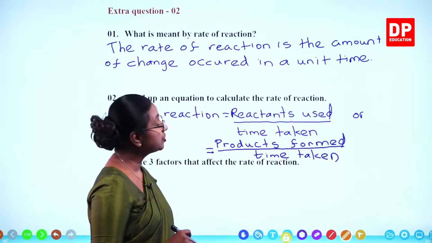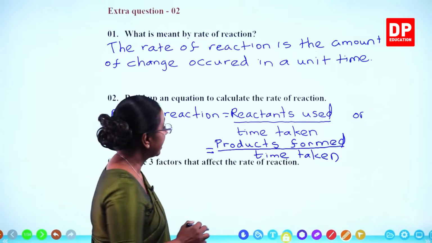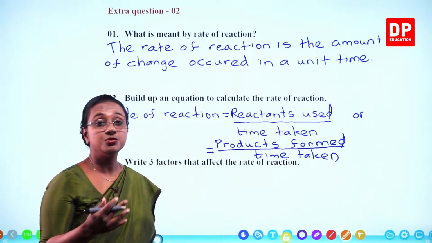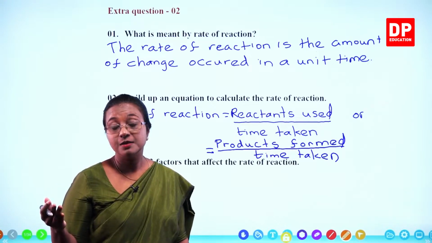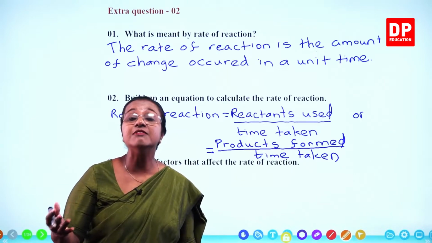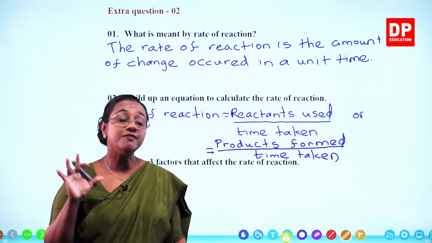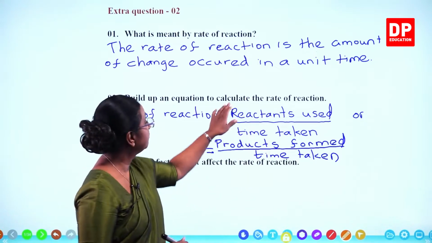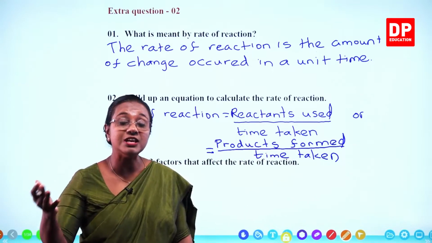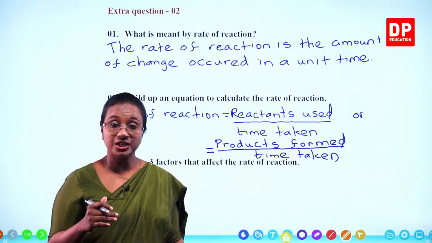So in this also you can remember students, we can either fix the time constant, amount of reactants used up in a fixed amount of time, or amount of products formed in a given time period. So there we keep the time constant, we measure the amount of reactants used up or products formed, and then we compare the rate of reaction.